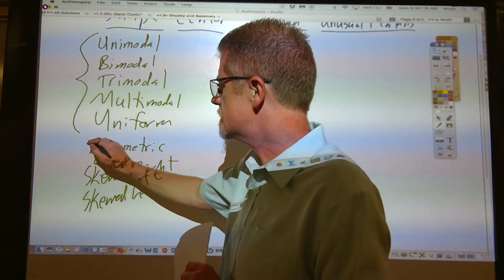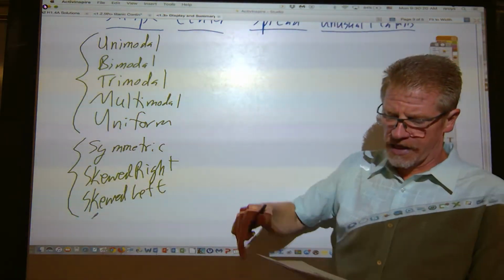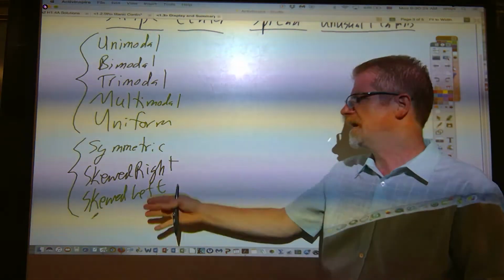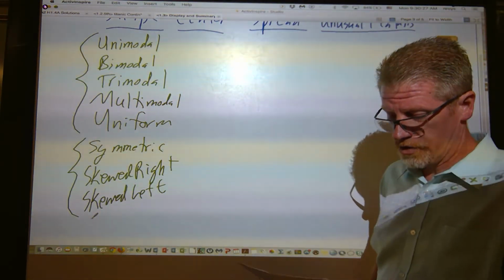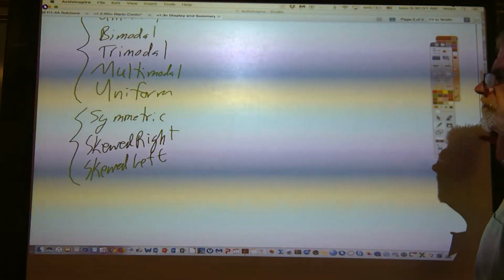So you look at a histogram, to describe the shape, you'll have to pick this. Now, as you take a look at these 3 options, I just want to give you a basic idea of what we mean by symmetric, a visual idea.